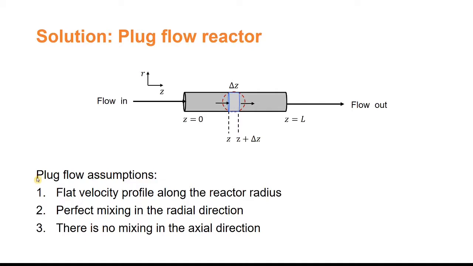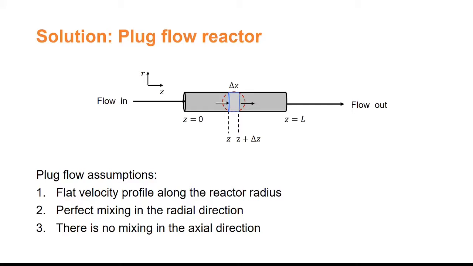As you can remember, for plug flow to be true, we need a flat velocity profile along the radius of the reactor. The reason for this is if it is flat, then we don't have any axial mixing due to the different velocities at different radial positions in the reactor.